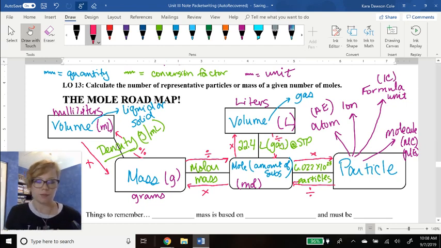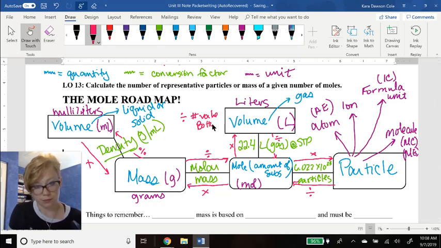Anytime you have the divide sign, your number value is on the bottom. Anytime you're multiplying, your number value is on the top of the fraction. When I say top and bottom, I'm talking about the fraction itself.